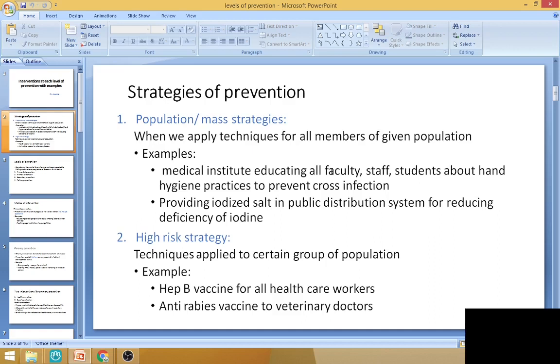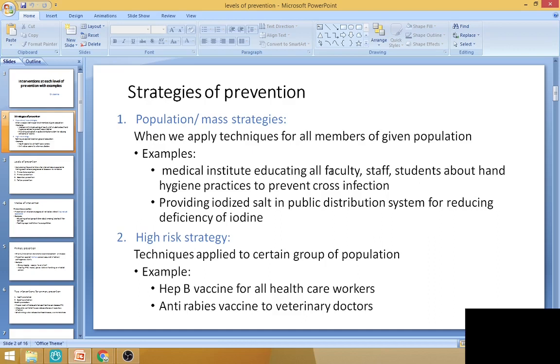Then another one is providing iodized salt in the public distribution system for reducing the deficiency of iodine. You must have seen in every place of India that people have a ration card, and they can go and buy rice, dal, salt, these basic food items at a cheaper rate.